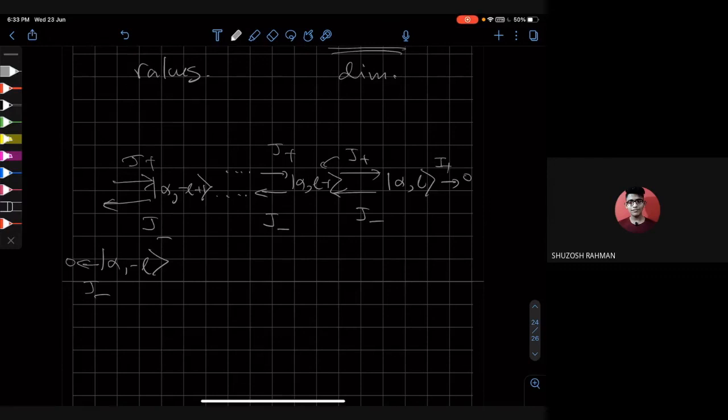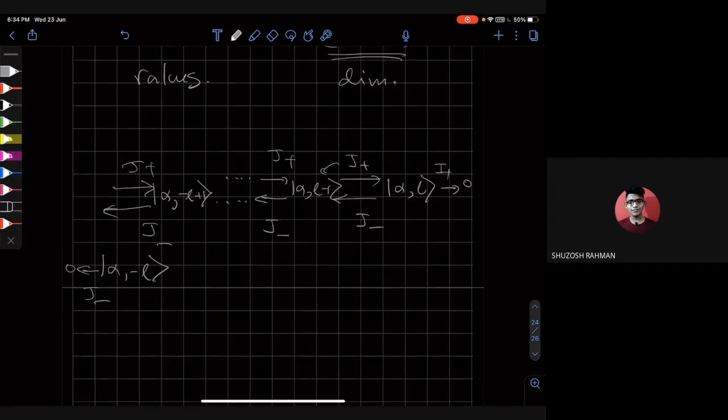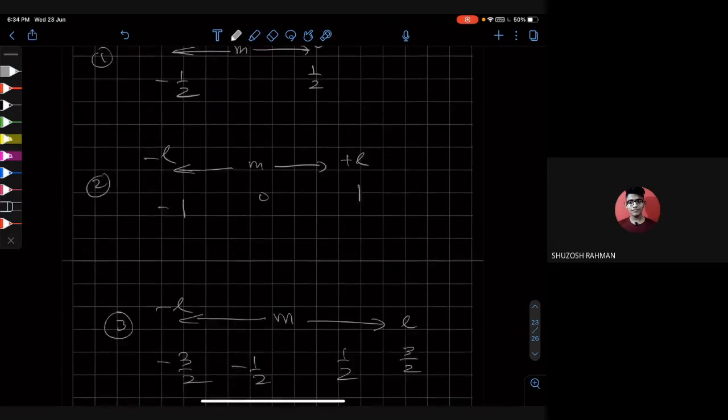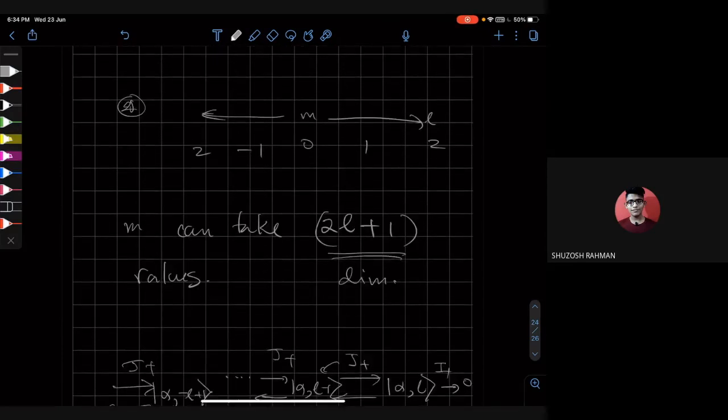Yeah. So this whole lecture, what are we trying to do here with the J? We are trying to find out what are the states, what are the eigenstates of J3 and J squared. Oh, I see. And those are essentially the possible values of M. So we found that M takes 2L plus 1 values, where L is some positive integer or positive half integer.